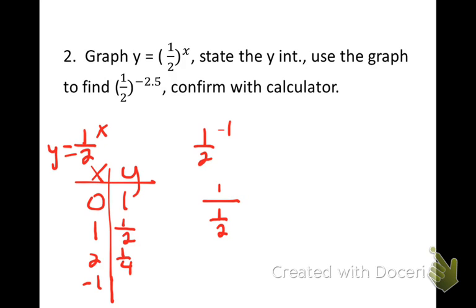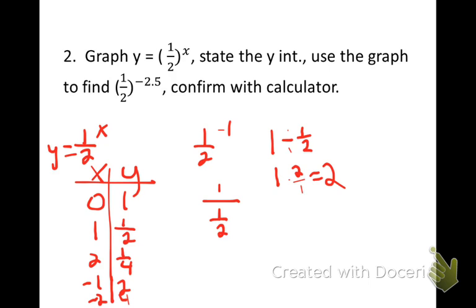But what is 1 divided by 1/2, really, which is another way to read that? That's 1 times 2 over 1, so that is actually equal to 2. And if you put in a negative 2, you're going to get 4. So those are some of the ordered pairs that we want to graph here.